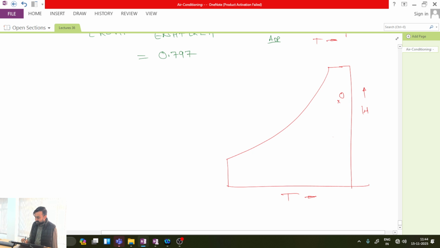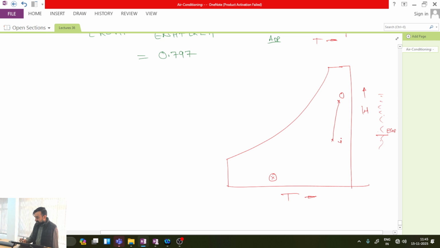Let's consider this is my state O, this is my state I. I must have the supply state and this mixing state before the cooling coil on the straight line joining O and I. Okay. What am I having? I am having ESHF. From the sensible heat factor scale, I can mark over here the value of ESHF. I can go to the alignment circle.